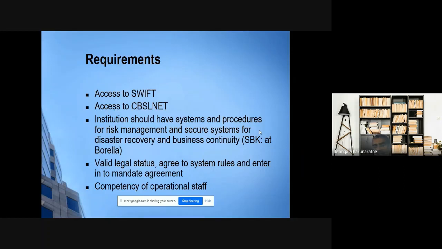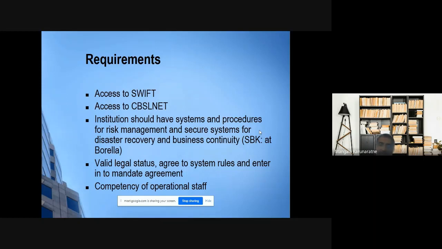But when there are electronic systems, you need to have the same set of equipment in another location, and you have to make sure that you can establish a connection with the relevant servers in the central bank, right? So we are having it at Borella, most of the banks are having them at different places, a bit away from Colombo.